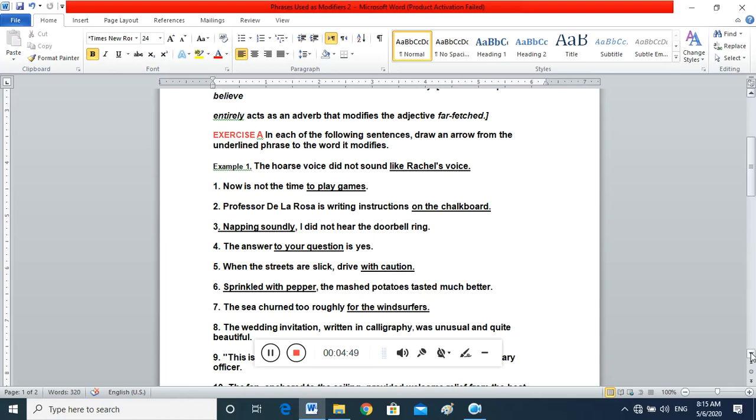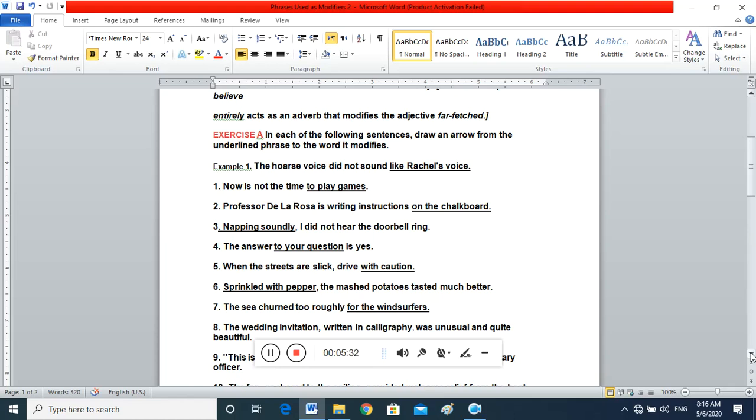Napping soundly, I didn't hear the doorbell ring. Napping soundly describes I. So it's an adjective. Draw the arrow from napping soundly to the pronoun I. Number 4, the answer to your question is yes. We have to your question, a prepositional phrase.